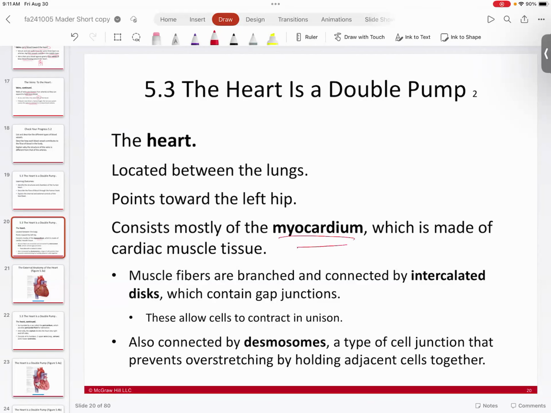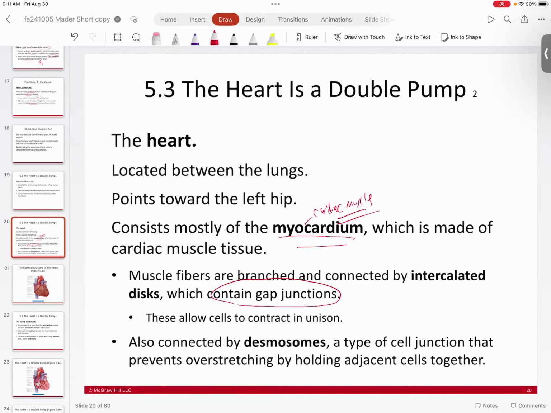And so this is largely cardiac muscle. And the muscle fibers, we mentioned this before, are branched and they're interconnected with these intercalated discs. We saw that in chapter 4. And important, these intercalated discs are actually areas where you see lots of gap junctions.